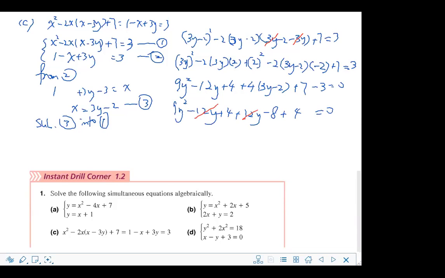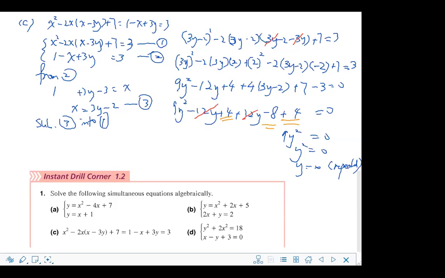Okay, and then 4 plus 4 minus 8 will be 0. Okay, so what is remaining on the left-hand side is just 9y squared is equal to 0. So y squared is equal to 0. So y will be only 0. This is repeated roots. Okay, repeated. There is only one answer for this quadratic equation.